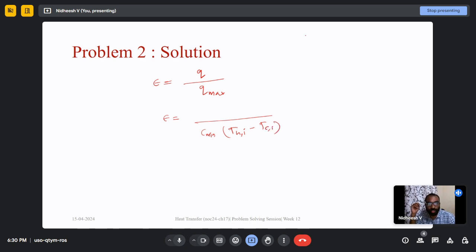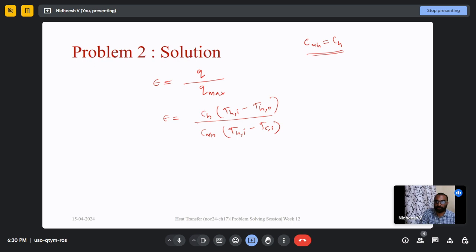Since we have been given that C min equals C of hot fluid, we can write the denominator in terms of the hot fluid so that the two C's get cancelled. We don't know the value of C yet, we only know that C min equals C hot. So if you write Q, the total heat transfer, in terms of the hot fluid, it will be C hot times the temperature of hot fluid at the inlet minus the temperature of hot fluid at the outlet.